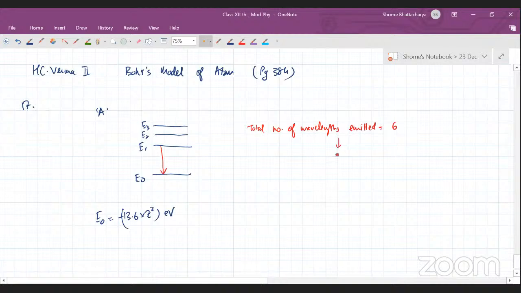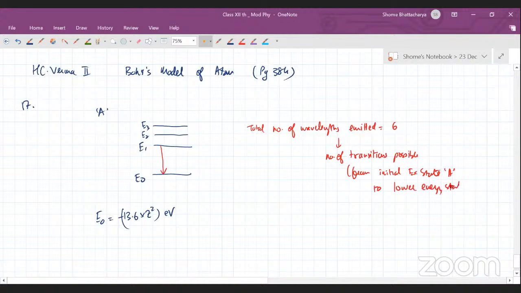That means the number of transitions possible from a higher or excited state to a lower state, from the initial excited state A to any lower energy state, is equal to 6.